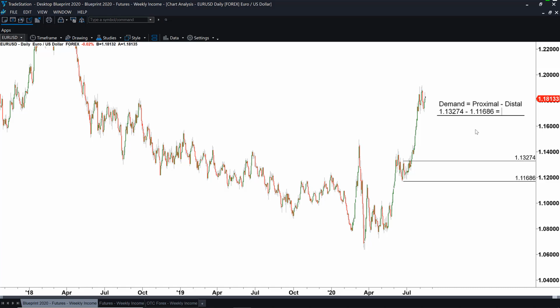And we would just quickly get the calculator out, and you guys can do this as well. I'm gonna give you some time to punch this into your calculators. 0.01588. Okay, so in pips, this means that we've got 158 pips and 8 pipettes.